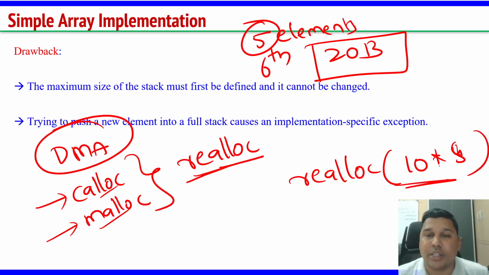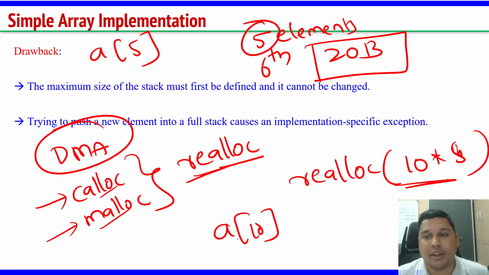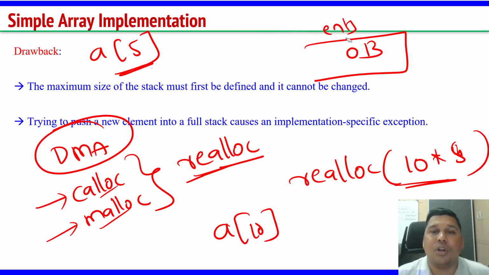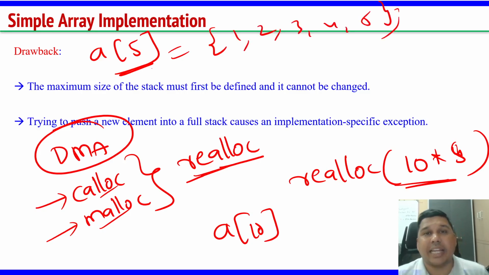Realloc 10 into size of int. Now that array A, which was of size 5, became a new array of size 10. Already when it was A of 5, I had 5 elements, 1, 2, 3, 4 and 5 in that. But I came to know that I want to increase more elements into that.